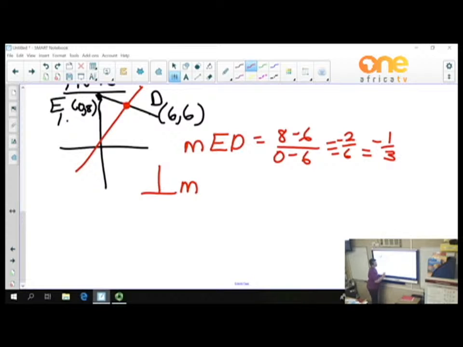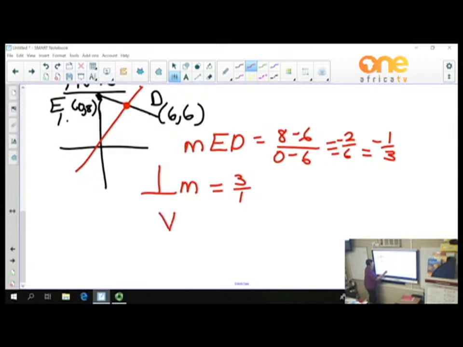What is the perpendicular M of ED? Yeah, the perpendicular gradient. What is the rule for perpendicular gradients? Change of sign reciprocal. So what will it be from here? 3. Now, change of sign reciprocal.